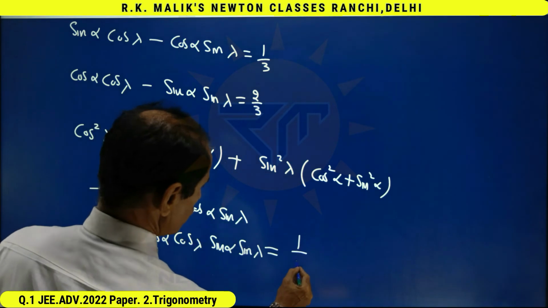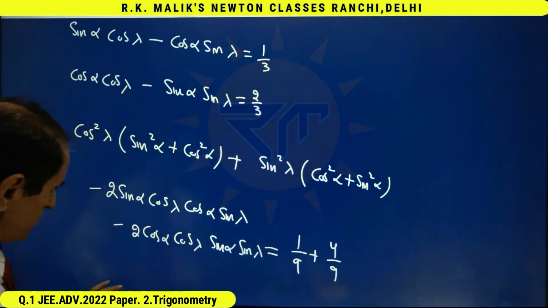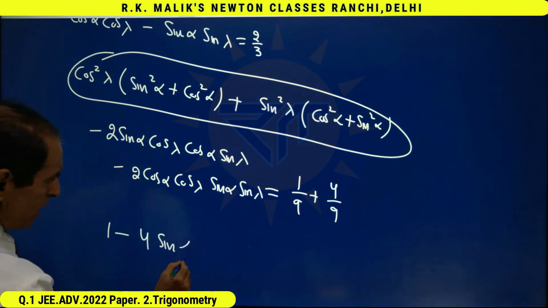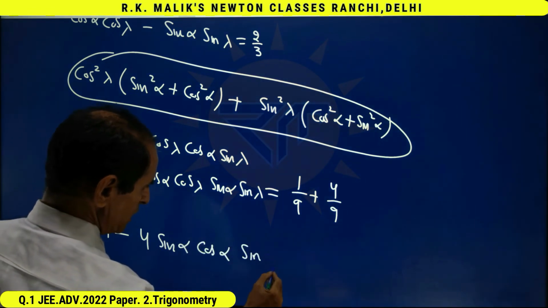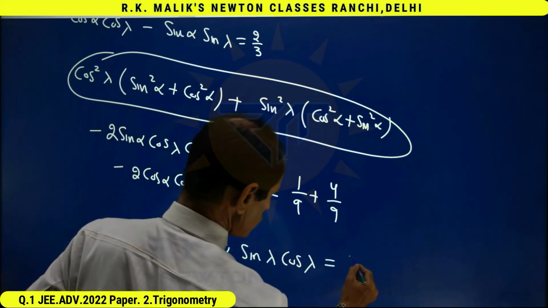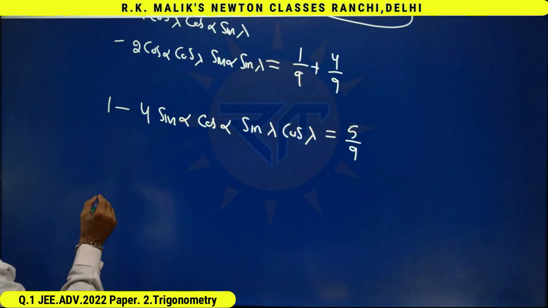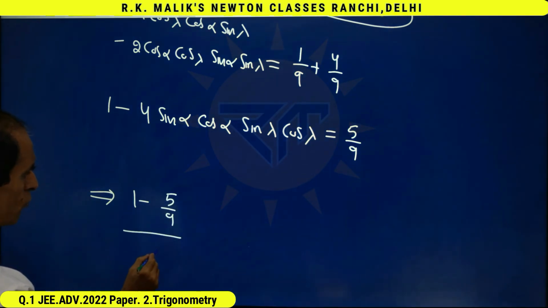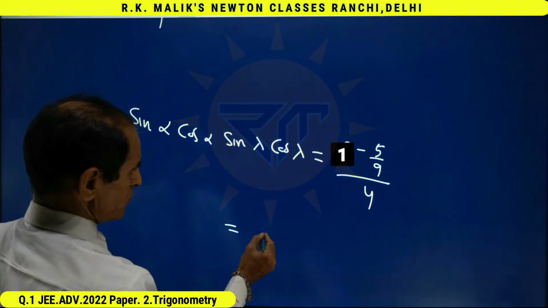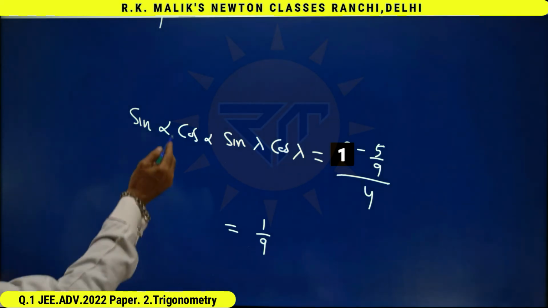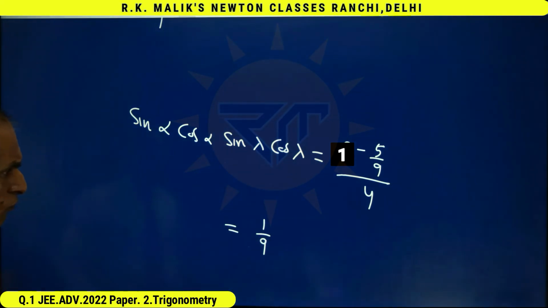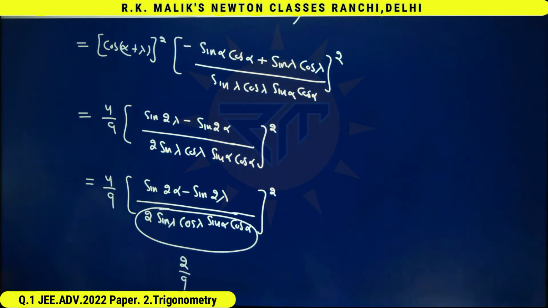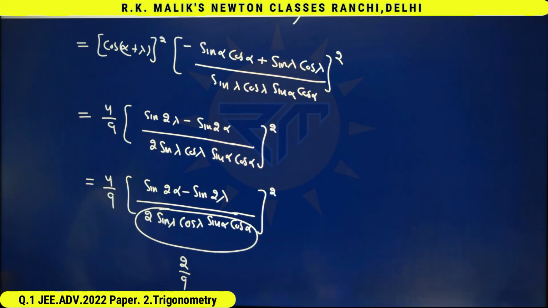And here you will be getting 1 by 9 plus 4 by 9, and now you will be getting 1 minus 4 sin alpha cos alpha sin lambda cos lambda equal to 5 by 9, and this is (1 minus 5 by 9) whole upon 4, which is equal to 1 by 9. Hence the value of sin alpha cos alpha sin lambda cos lambda is 1 by 9. Hence the value of this becomes 2 by 9, as I found in the previous way also.